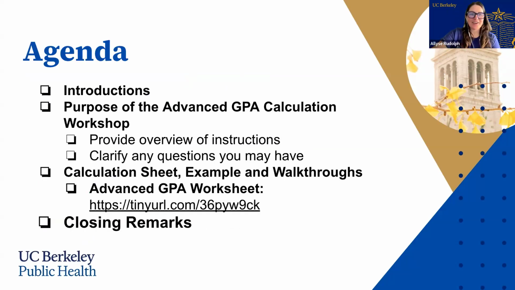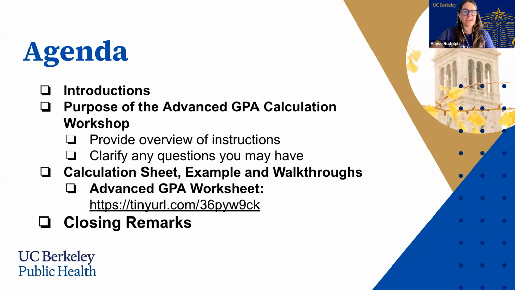Absolutely. As part of our advanced GPA overview, we're going to begin by talking about the purpose of your advanced GPA. Why do we ask for this as part of the application? How is it used? We'll go over the instructions on how to calculate your advanced GPA. We know it can be a little tricky, and that based on your specific educational pathway, you might have some questions around that.